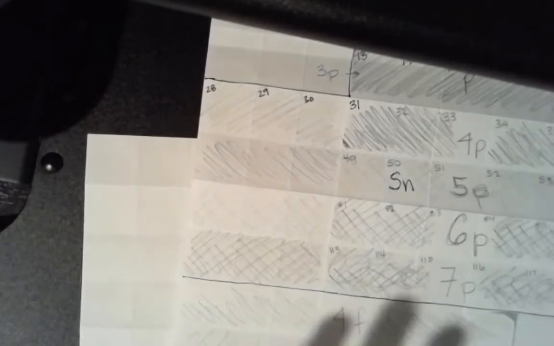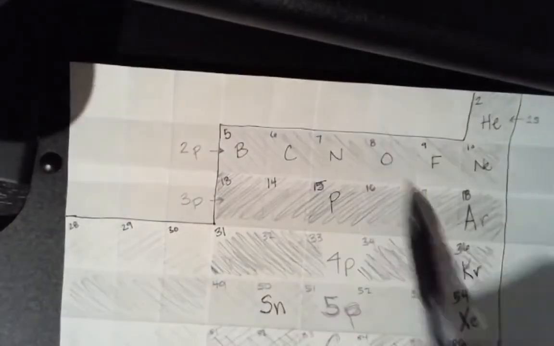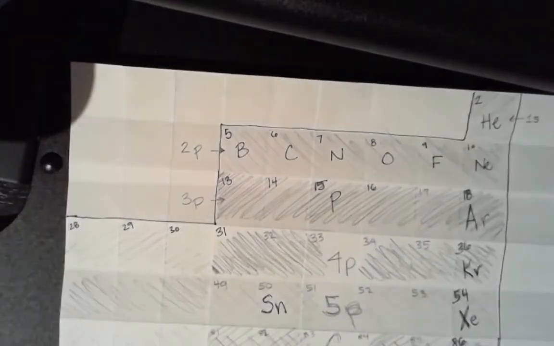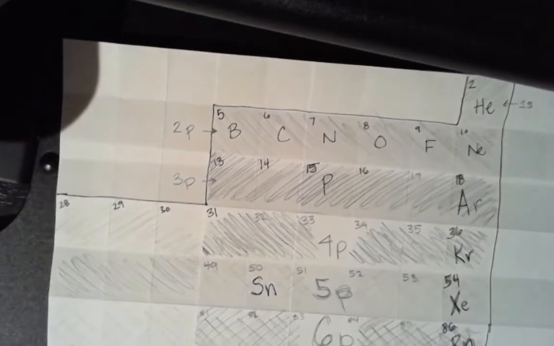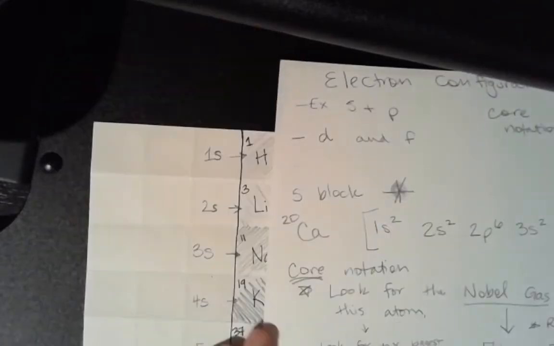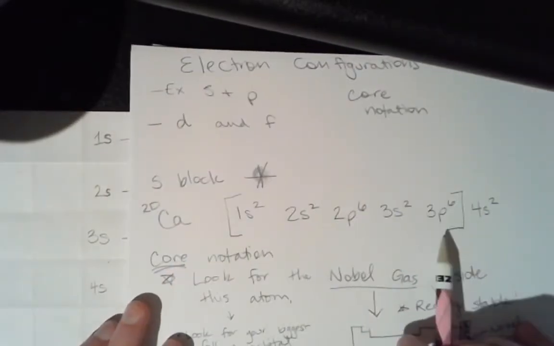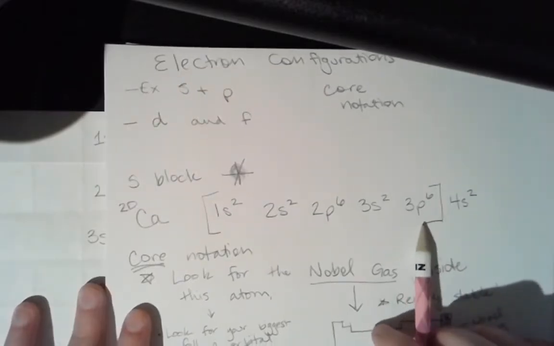Good. Okay. Now, most of us exist in the realm of life, which is up here in this region. Okay, so we figured out the noble gases and what they're called. And it's those noble gases that will be the core of your other elements. So back up to here. Calcium. We found the biggest full P. We found that it's the full P in the third row that is the core of calcium.